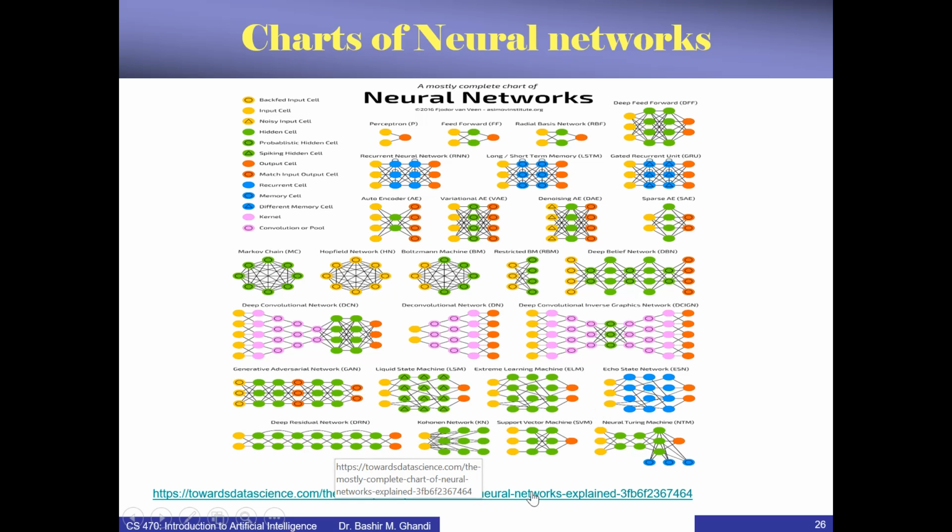If you click this link, it will explain each of these networks. What does it actually mean? How is it normally used? How is it different from the others, and so on. So I suggest if you have time, please go through it so that you will have more information about what neural networks are and what types of neural networks we have.